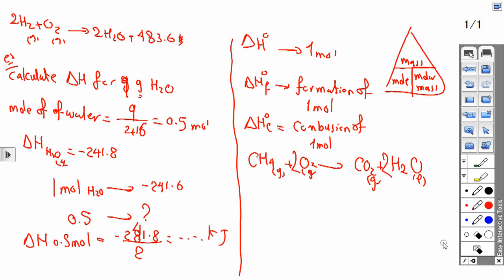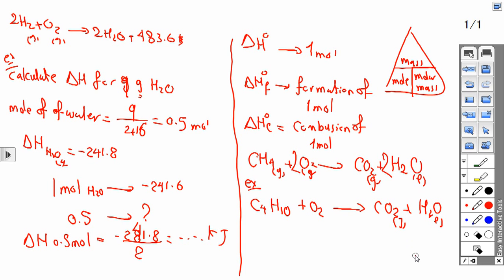Example, C4H10, this is butane, plus oxygen. Produce what? CO2 plus H2O.